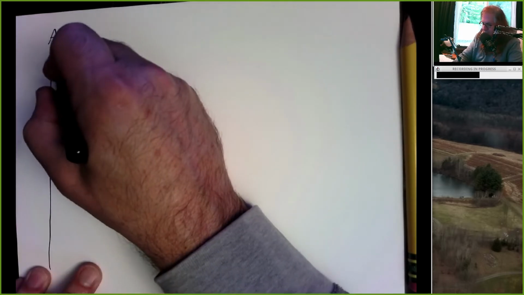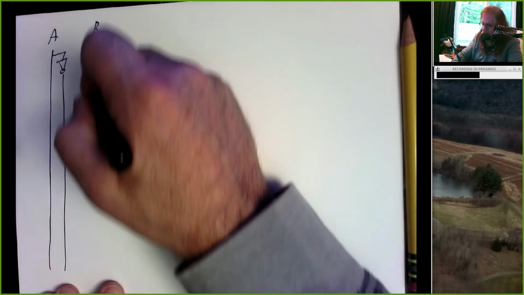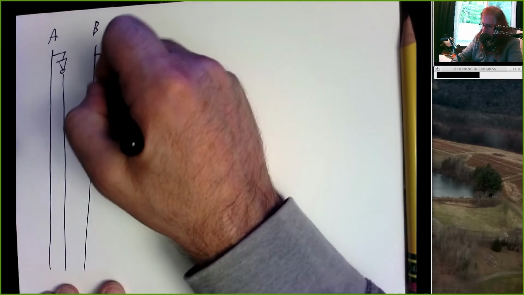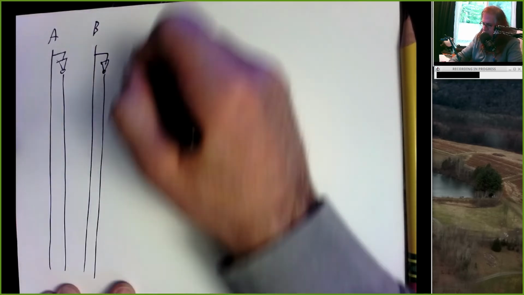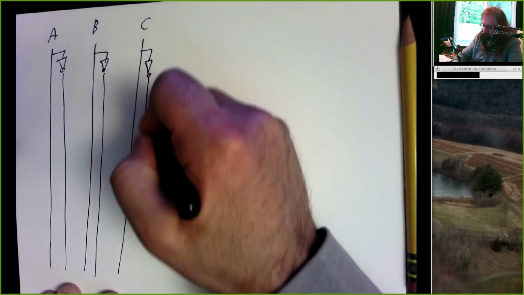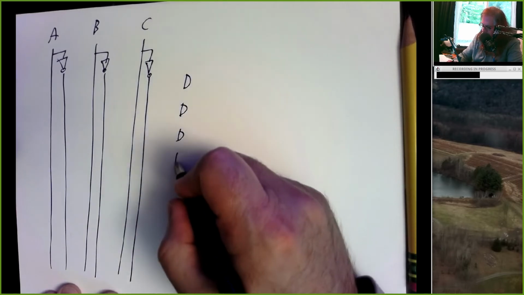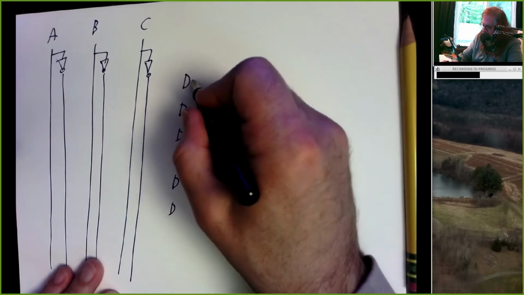So let me set up my inputs again. So there's A and A bar. Here's B and B bar. C and C bar. And I'm going to have a bunch of AND gates.